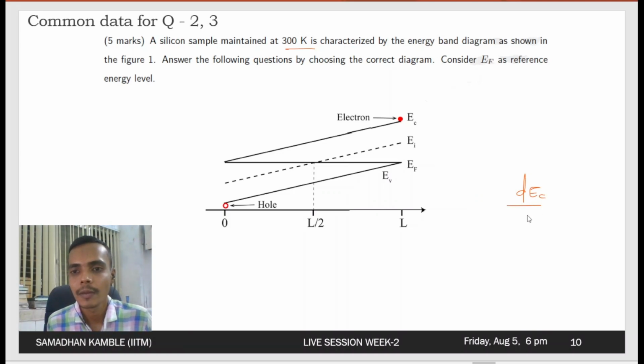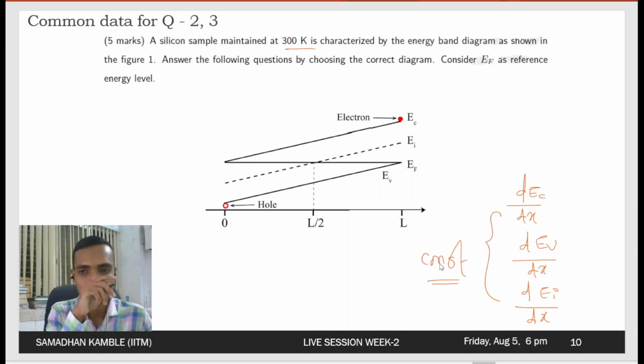and you can see that the slope that is given by dEc by dx, dEv by dx, and dEi by dx is actually constant in all the three cases, and this is essentially our electric field, which is proportional to the slope.